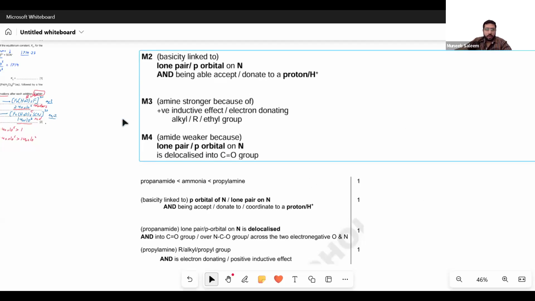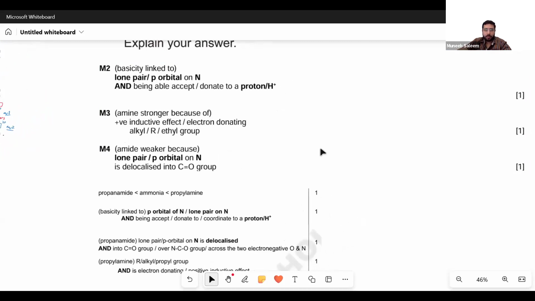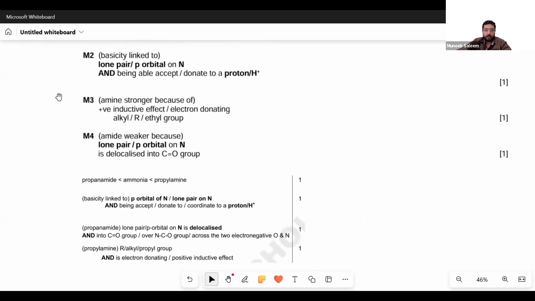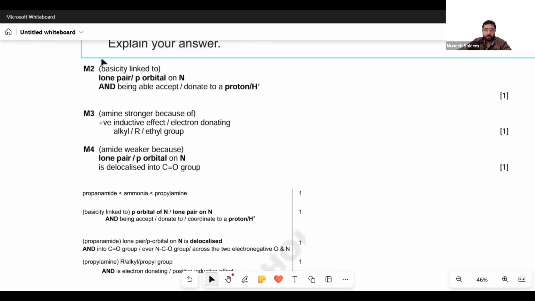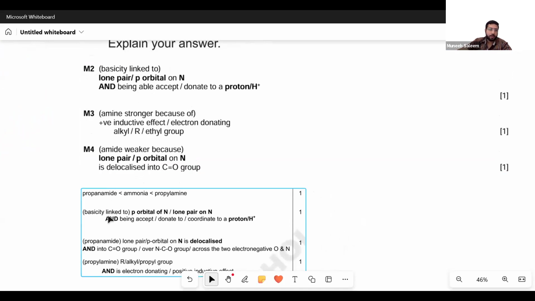You can have a clear idea about the same question by looking into these mark schemes from different papers. One paper had 4 marks, but I have omitted a mark because it was associated with the order of the alkyl amine, ammonia, and amide. So the reason behind the basicity has these points in this question, and similarly, the point behind the basicity for another paper is having almost the same words.